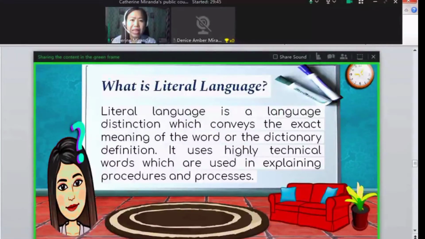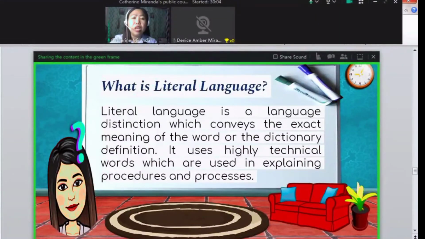What is a literal language? It is a language distinction conveying exact meaning of words, and uses highly technical terms which are used in explaining procedures and processes.